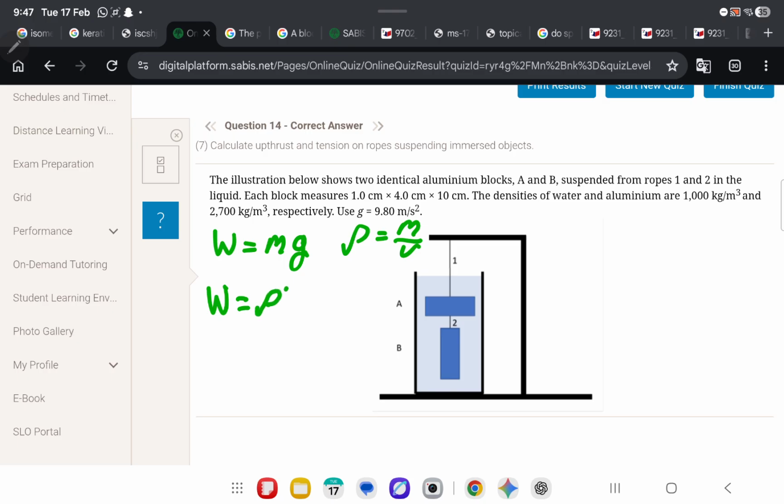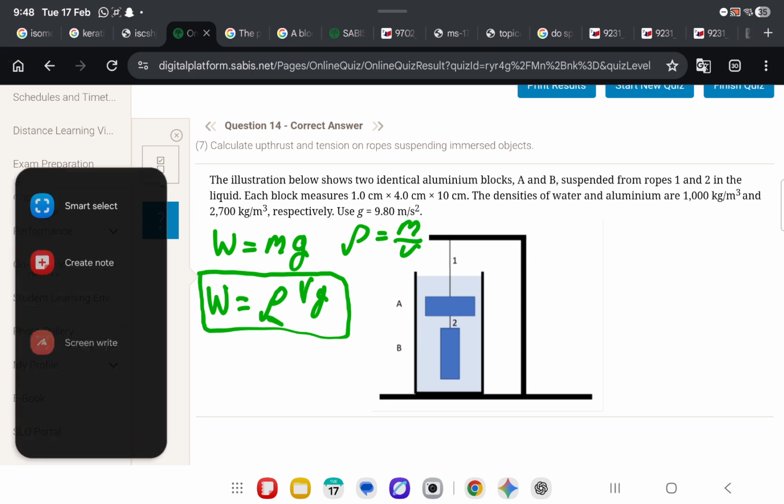Now, what is rho VG? If you remember, this is the expression for the buoyancy force, yes, but the buoyancy force in this question would use the density of water. Why? Because remember, it's the density of the solution submersed in. Let's not overcomplicate it. Let's not use this.